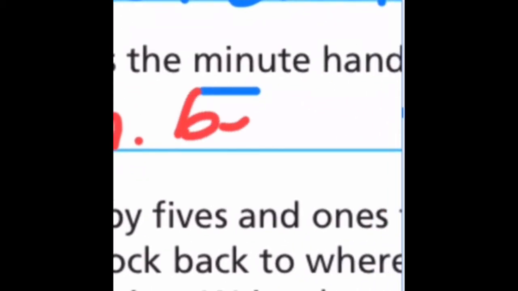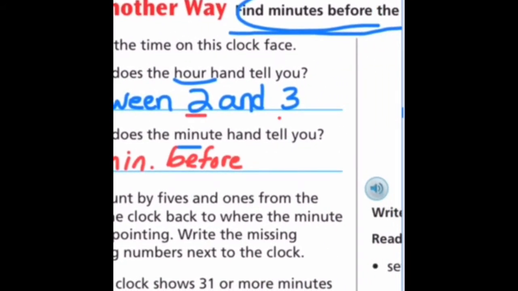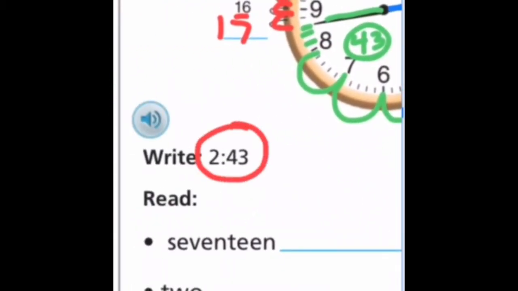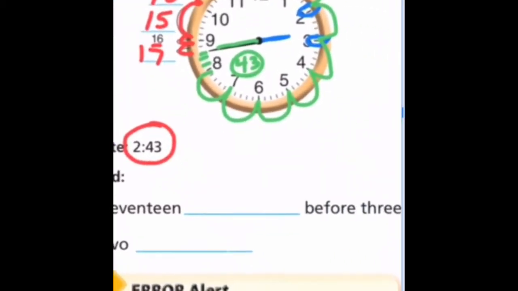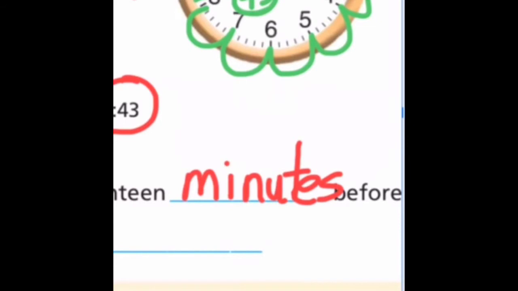before the next hour. So in 17 minutes, it'll get to the next hour. We know it's sometime between 2 and 3, so it's officially going to be 2:43. Okay, but we can read it as minutes before the hour, and in that case, it's 17 minutes before 3 o'clock.